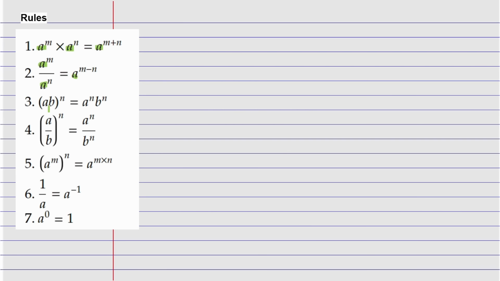If you have two numbers but they are both to the power of one number, you can distribute the exponential. And the same applies if you're dividing two numbers and they're to the power of something, you can distribute the exponential. If you have a number that's in a power, then put inside another bracket with another power, you can actually multiply.